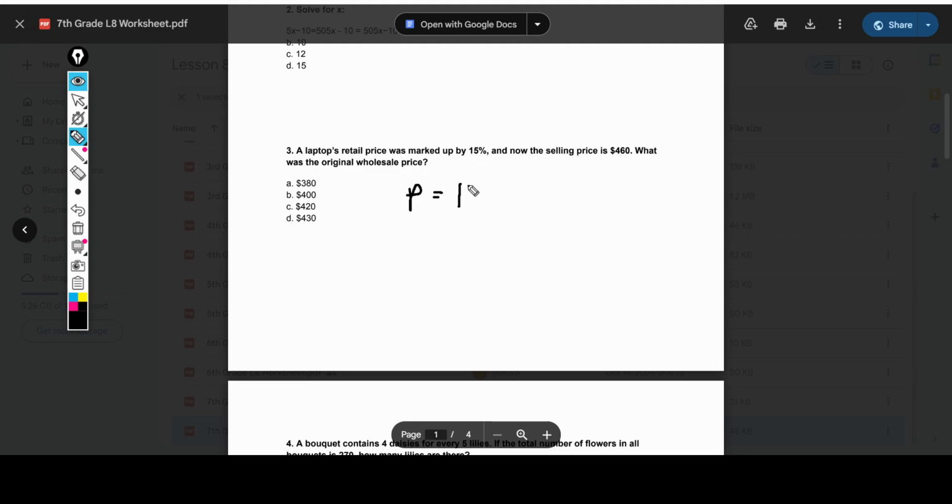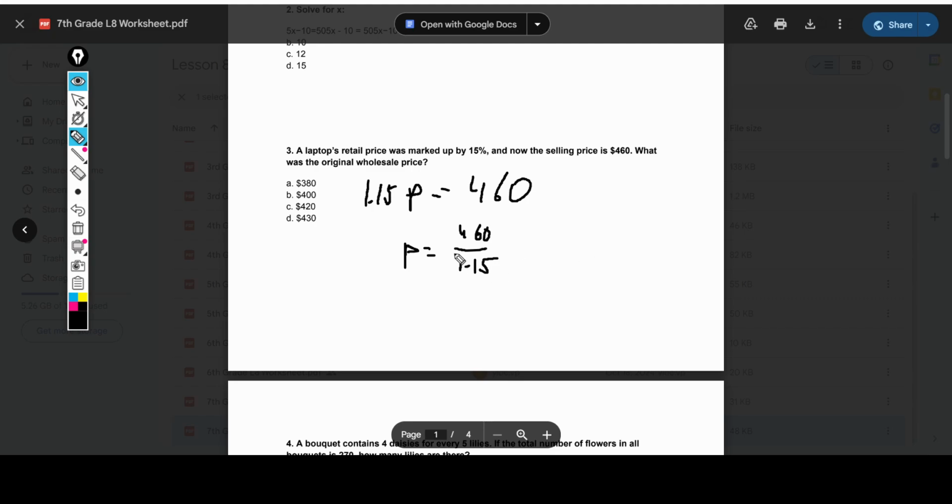So that's 1, which is 100%, plus 15%, so 1.15. The 1.15 should be next to the P. So 1.15 times the original price, P, is equal to $460. To solve for P, we just divide by 1.15 on both sides. So we get 460 over 1.15.